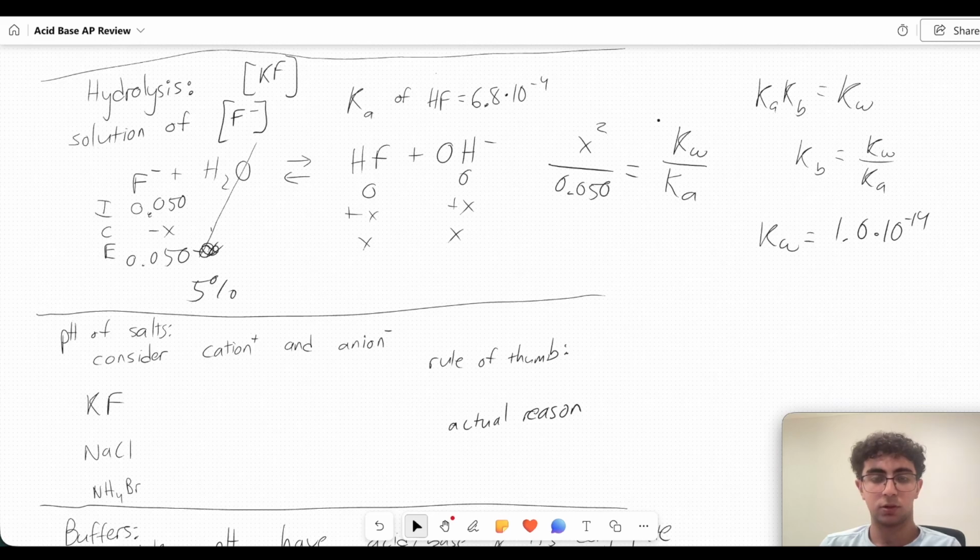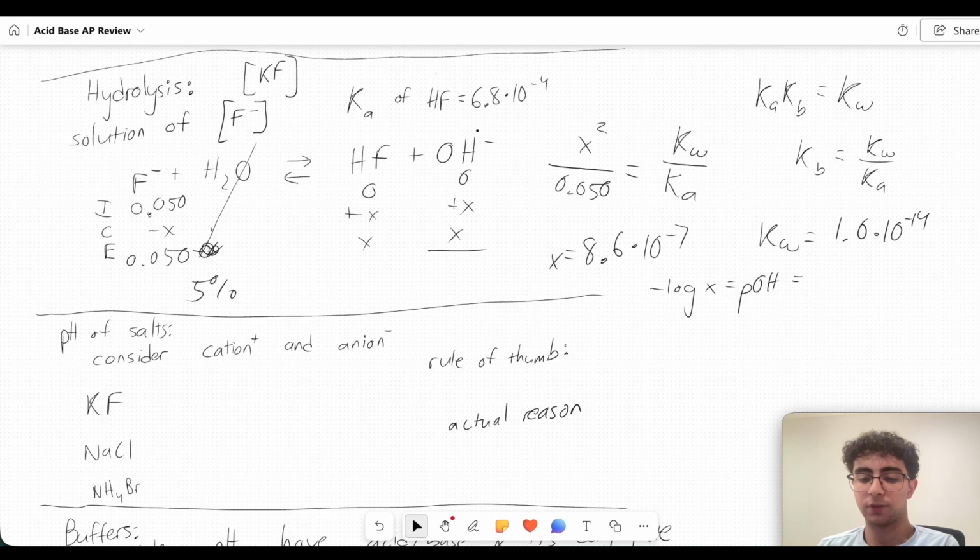So now solving for my x, I'll get about 6.8 times 10 to the negative 4. About x equals about 8.6 times 10 to the negative 7. Let me just make sure this is all good. Yeah. So notice how x here is going to be our OH minus concentration. So if I take the negative log of x, that's going to be pOH, because it's the negative log of our OH minus concentration.